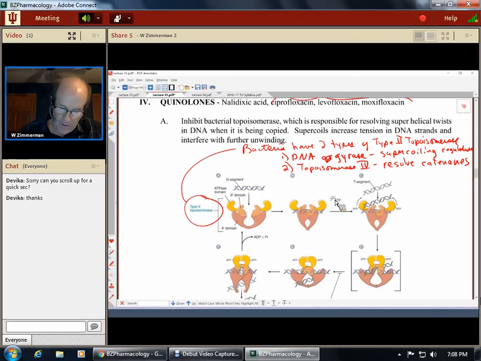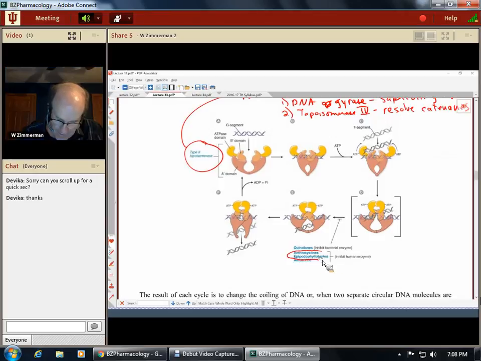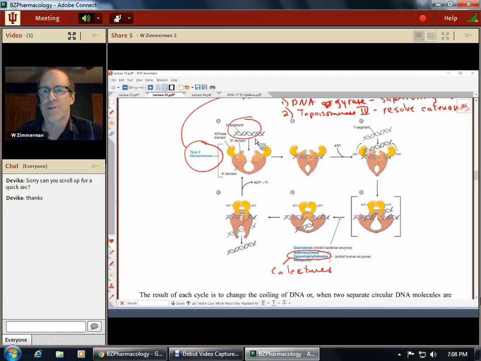But if you remember the discussion of anthracyclines and etoposide back with the cancer lectures, a segment of DNA comes in. We're not going to worry about whether it's the G segment or the T segment. I don't care about that.